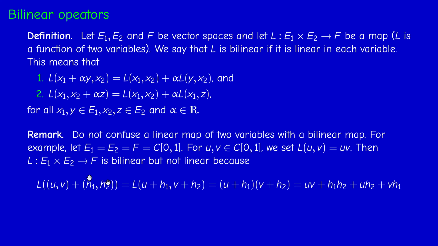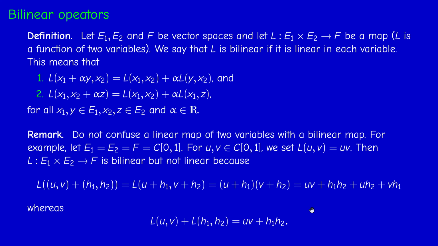For example, if I add to the couple UV another couple H1, H2, and we do the product, we get (U plus H1) times (V plus H2), which is UV plus H1 H2 plus UH2 plus VH1. Whereas the sum of the images of the couples is just UV plus H1 H2. So L is not linear in the couple.